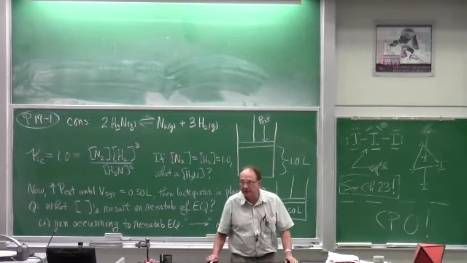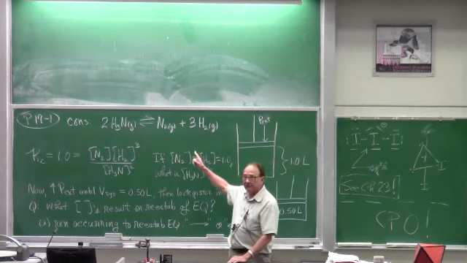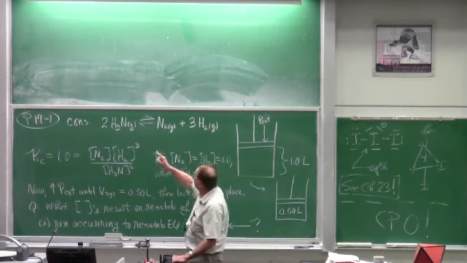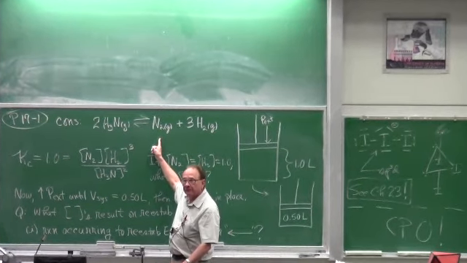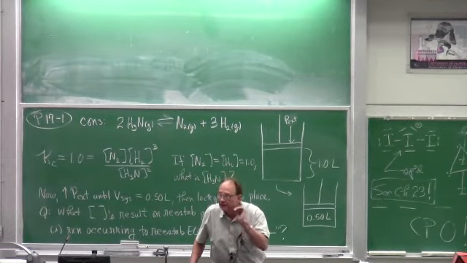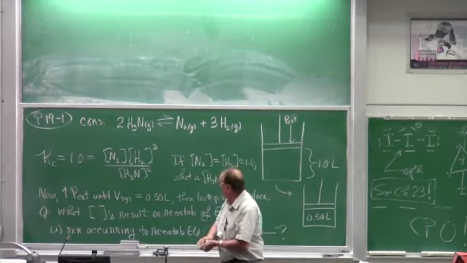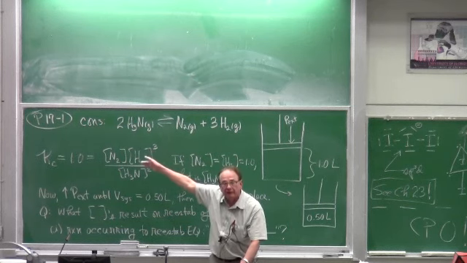It still involves the same materials. How does the value for the equilibrium constant for this reaction compare to the value for the equilibrium constant for this reaction if I write it the opposite direction? Well then, this would invert, which means the value would invert.